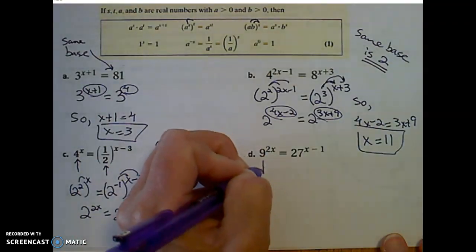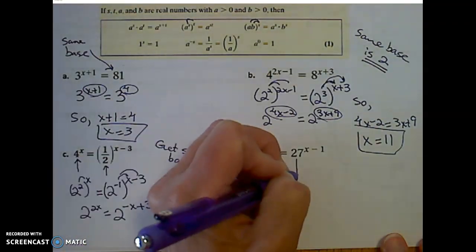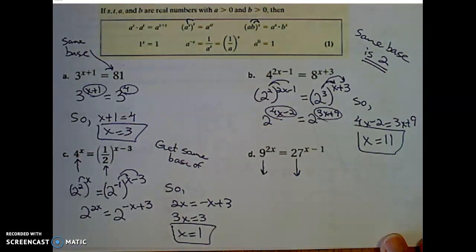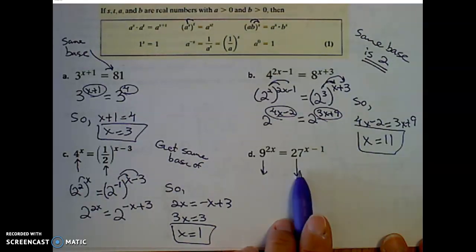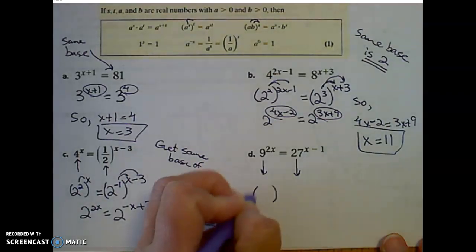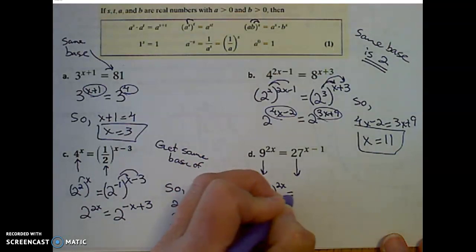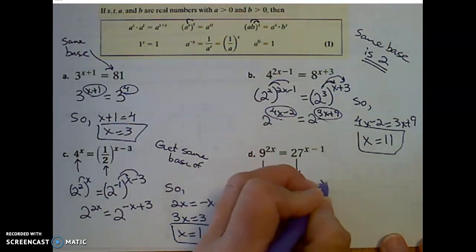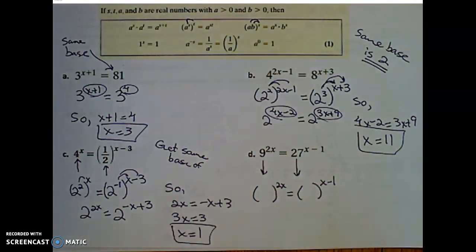Alright, rewrite 9 and 27 each as some base to a power, and then I have to raise that to the 2x, and I have to raise that to the x minus 1. Rewrite 9 and 27 with the same base.